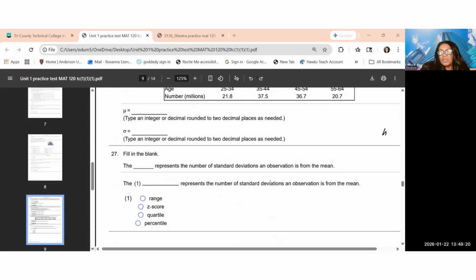All right, and then suppose you're told to find the relative frequency. What is the relative frequency, or what is the probability that if you pick somebody at random from that group, the person is aged between 25 and 34?